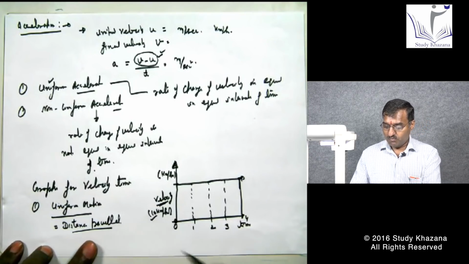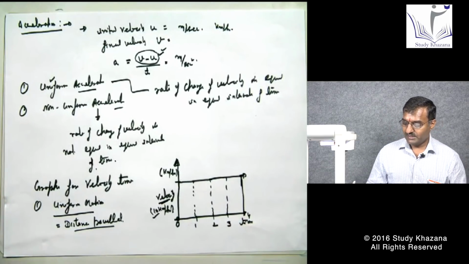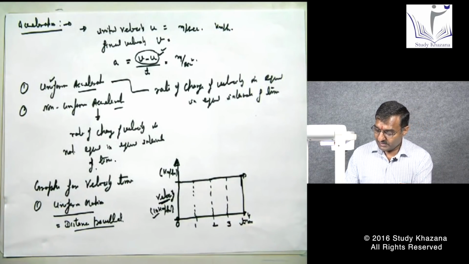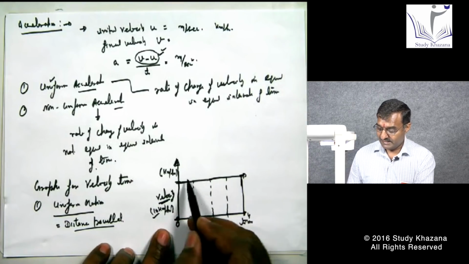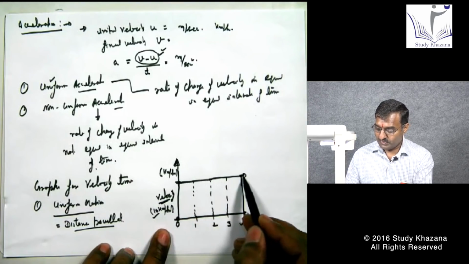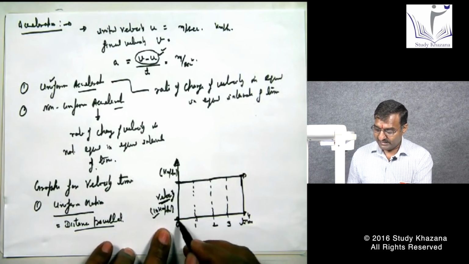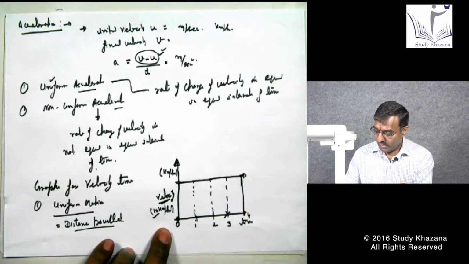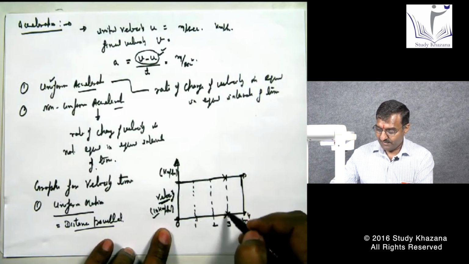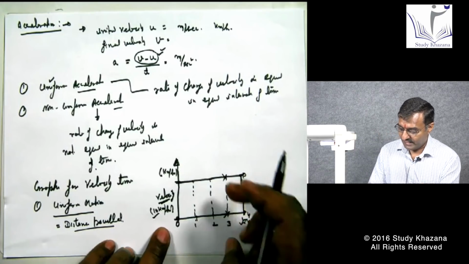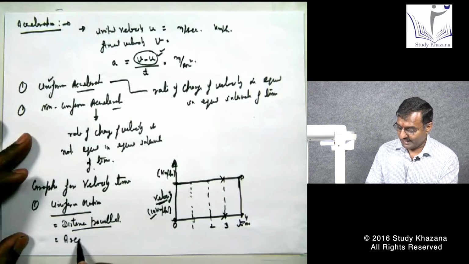Here we have to find how to find the displacement from the graph. You will see the velocity is constant, so I have shown a straight line, and this is time 1, 2, 3. Suppose at this point I have to find the distance traveled. How can you find it? You can find it by the area of a rectangle.